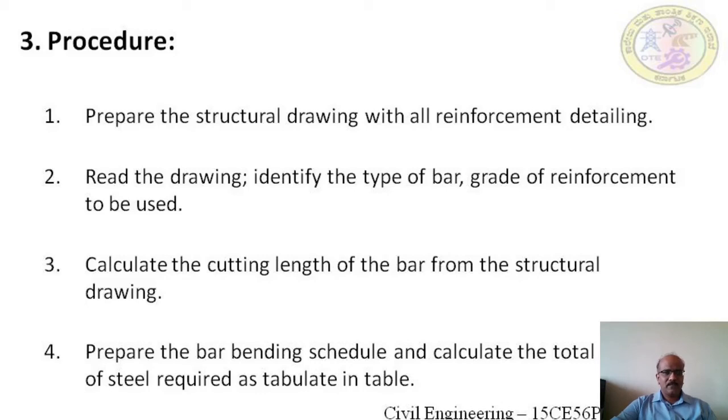Then in the third step, we need to calculate the cutting length of the bar from the structural drawing. We'll look at the calculation of cutting length of each bar now. Then we need to prepare the bar bending schedule and calculate the total steel required, and tabulate it in the bar bending schedule table.